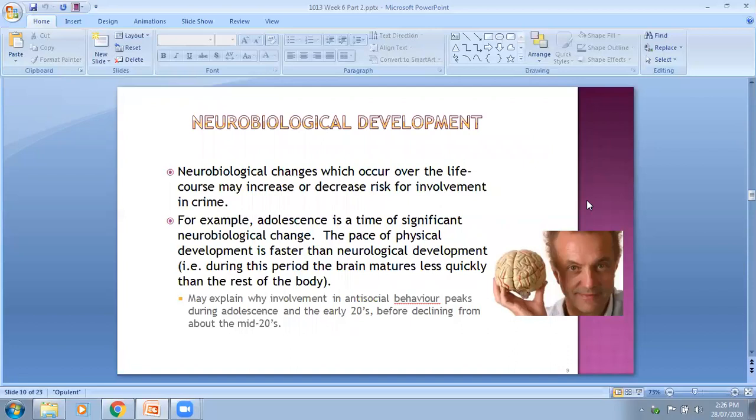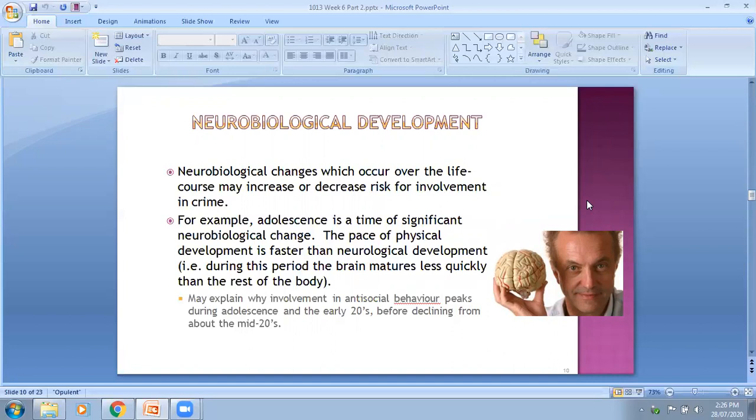Neurobiological development. This guy in the photo here, his name is Adrian Raine. He looks at CAT scans, MRIs, fMRIs to study the brain and study changes. So neurobiological changes which occur over the life course may increase or decrease the risk for involvement in crime.